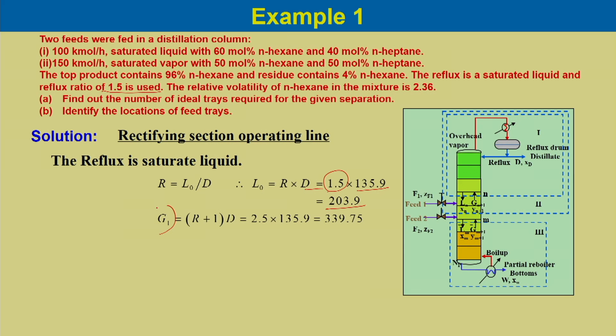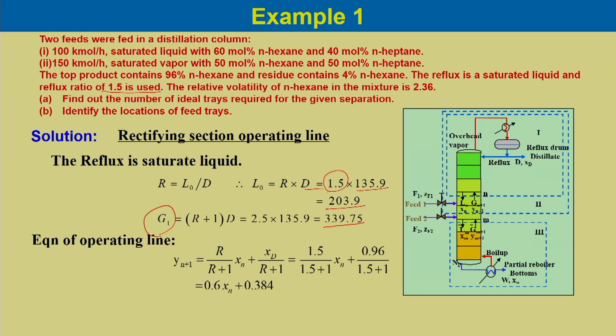So, G1, which is the vapor flow from the top tray, is R plus 1 into D, which is 2.5 into 135.9, that is 339.75. So, we can calculate G1, and the equation of the operating line we can write over here: R by R plus 1 into Xn plus XD by R plus 1.